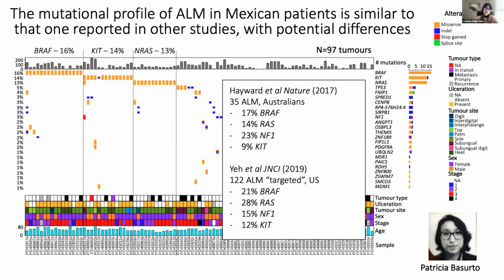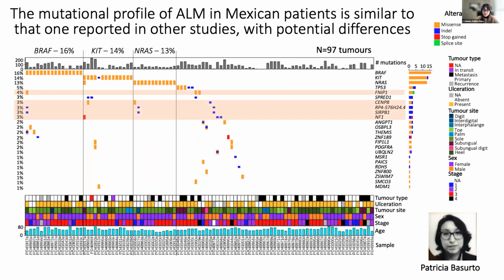This looks similar to other landscapes published in other studies. I'm showing you two examples here, from Australian and US populations, but we may have some potential differences, with some genes here that we find a bit more mutated than others in our cohort. We're still investigating this, and I don't have a conclusion yet on whether they are important or not.